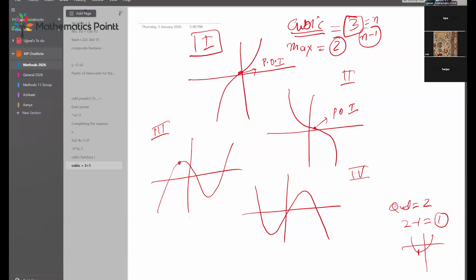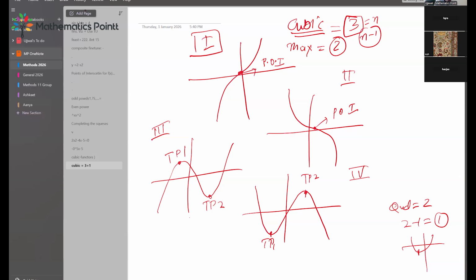Whereas graph number 3 and graph number 4 have turning points as stationary points. So this is TP1 and TP2, turning point 1 and turning point 2.